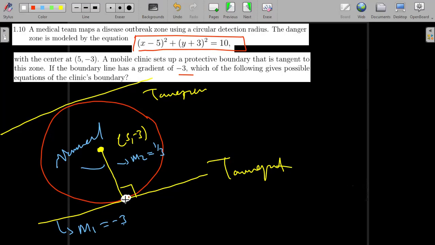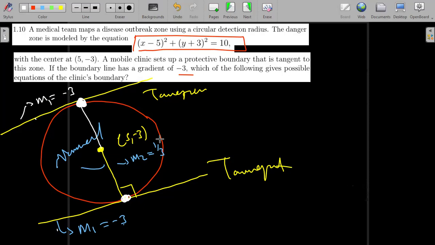So we are interested in this point. So we can find this point by the intersection of this normal line and this circle here. And then even on the other side there, we also have a normal line there, like that. So if we also want to find the coordinates of that, remember the gradient of this is still minus 3, because this line and this line will just be parallel.